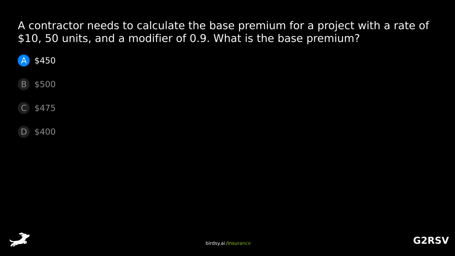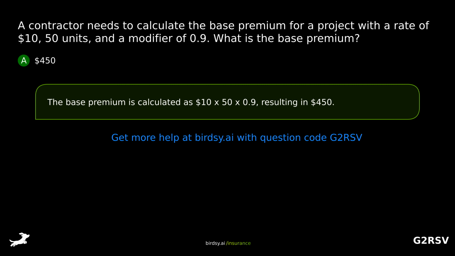Is it A, $450, B, $500, C, $475, or D, $400? The answer is A, $450. The base premium is calculated as $10 times 50 times 0.9, resulting in $450.